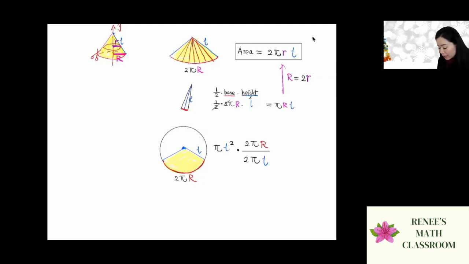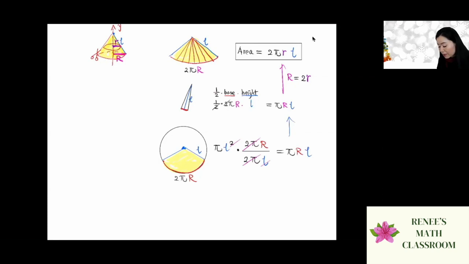If you have 2 pi L, then you get the whole circle. So this arc over the whole circumference will be this ratio. So this area will be the total area times this ratio. Now, if you simplify this, that is going to give me pi times big R times L, which is the same formula that you have over here. So that's another way to think about it.